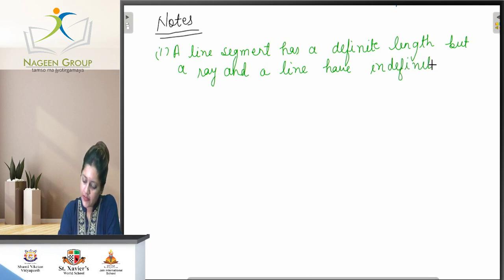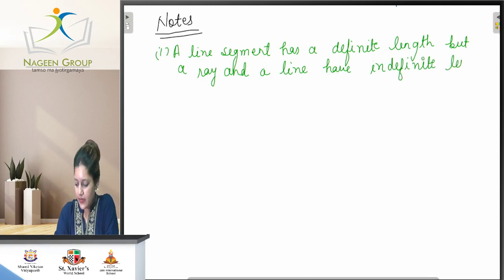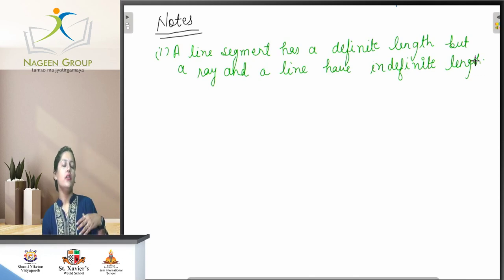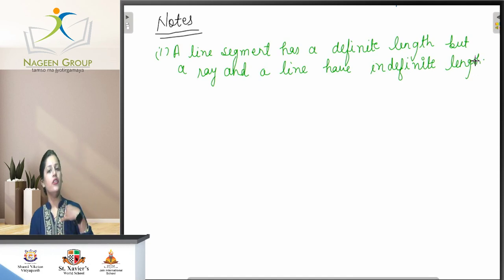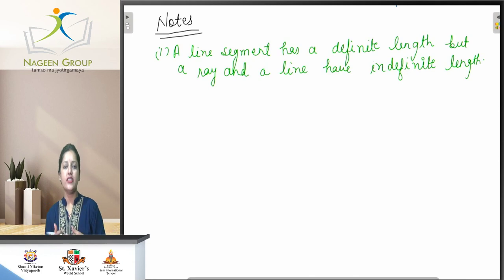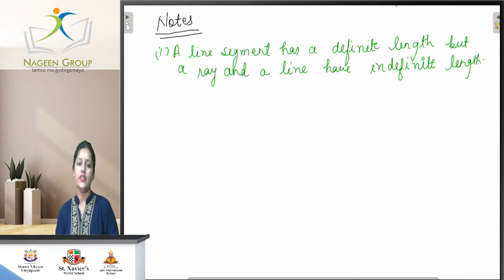Understand? A line segment has two endpoints, while a line has no endpoint, and a ray has only one endpoint. So we can say that a line segment has a definite length, but a ray and a line don't have any definite length.